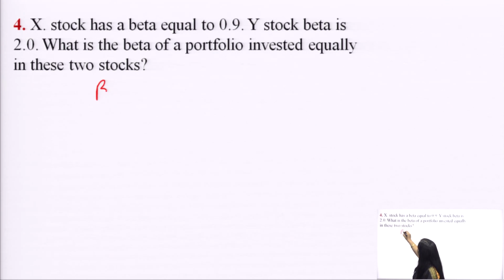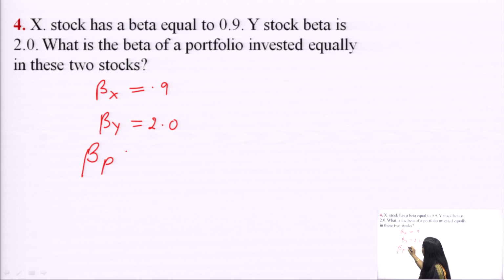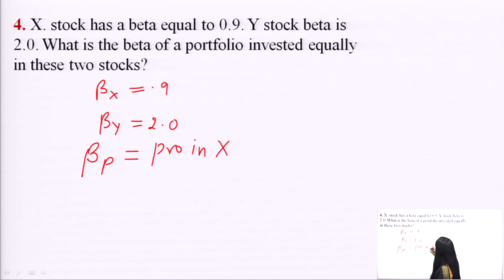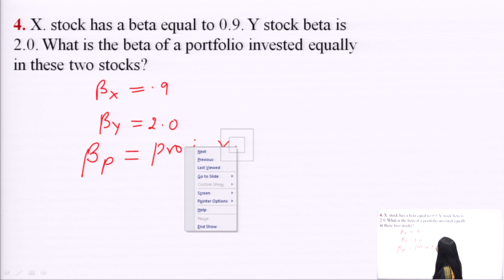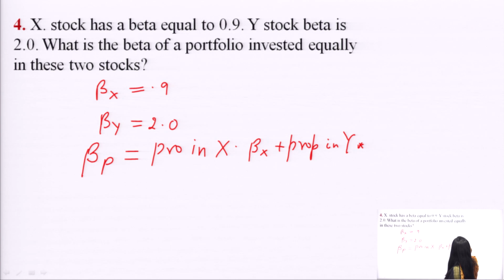We have beta of X equals 0.9, beta of Y equals 2.0, and if we develop a portfolio of these two stocks X and Y, then the beta of the portfolio would be equal to the proportion of fund invested in X multiplied by beta of X, plus the proportion of fund invested in stock Y multiplied by beta of stock Y.